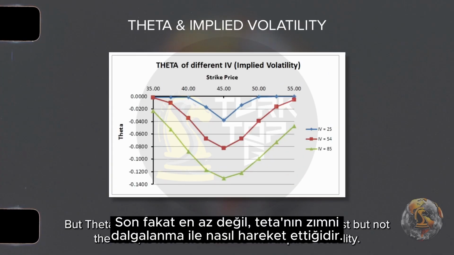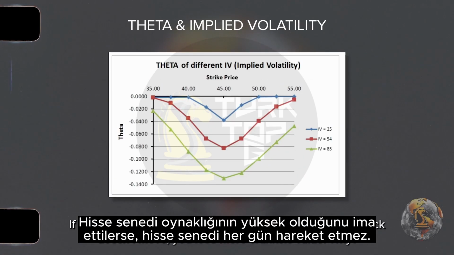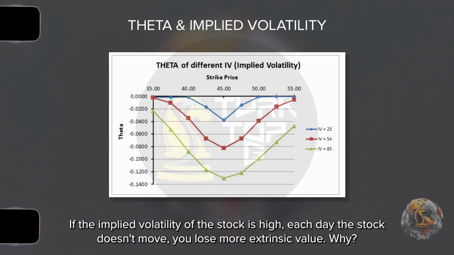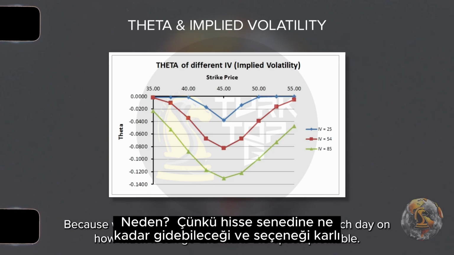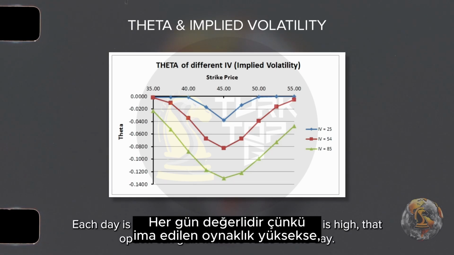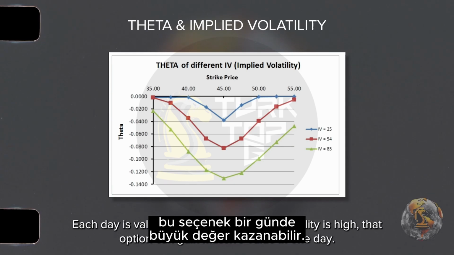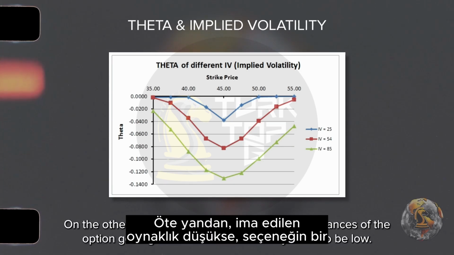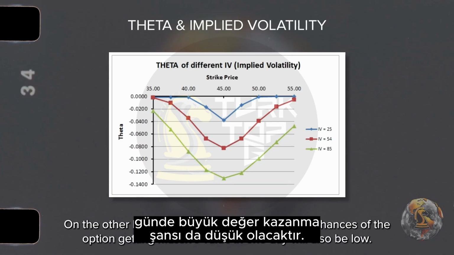Last but not the least is how theta moves with implied volatility. If the implied volatility of the stock is high, each day the stock doesn't move, you lose more extrinsic value. Why? Because we are assigning more value each day on how much the stock can go and make the option profitable. Each day is valuable because if implied volatility is high, that option can gain massive value in one day. On the other hand, if implied volatility is low, the chances of the option gaining massive value in one day will also be low.